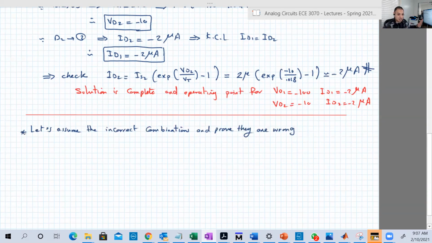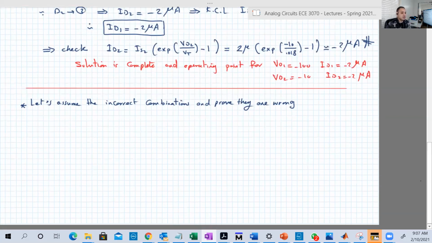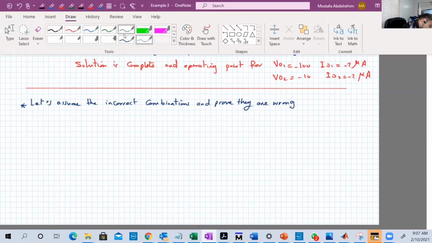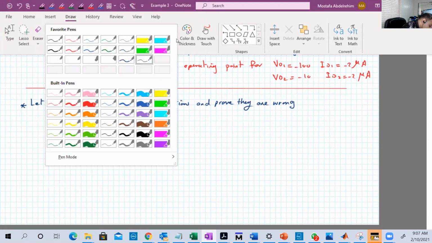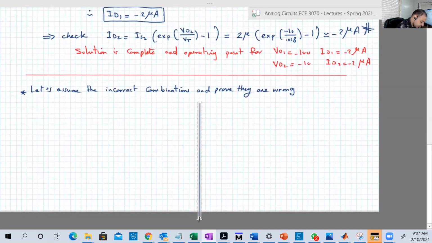As I said, we finished. I will just convince you now that all the other combinations are wrong, and if you started with any of them, you can prove easily that they are wrong. So let's divide here into 2 halves like this.